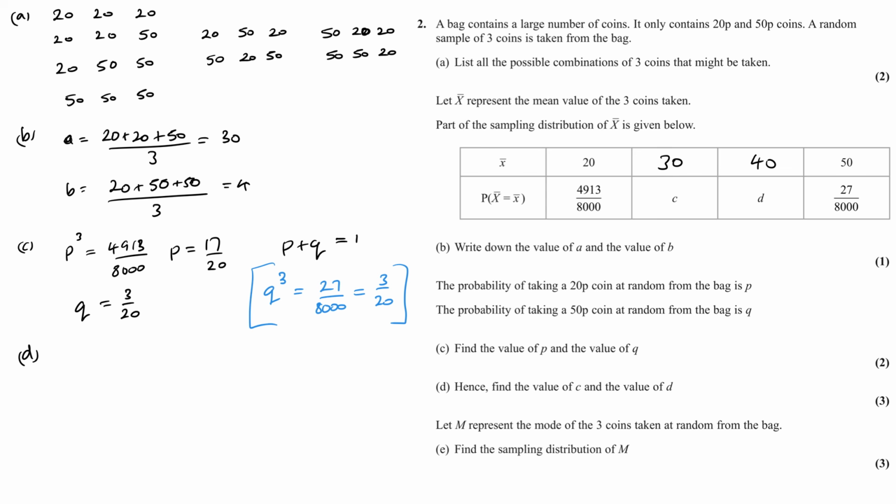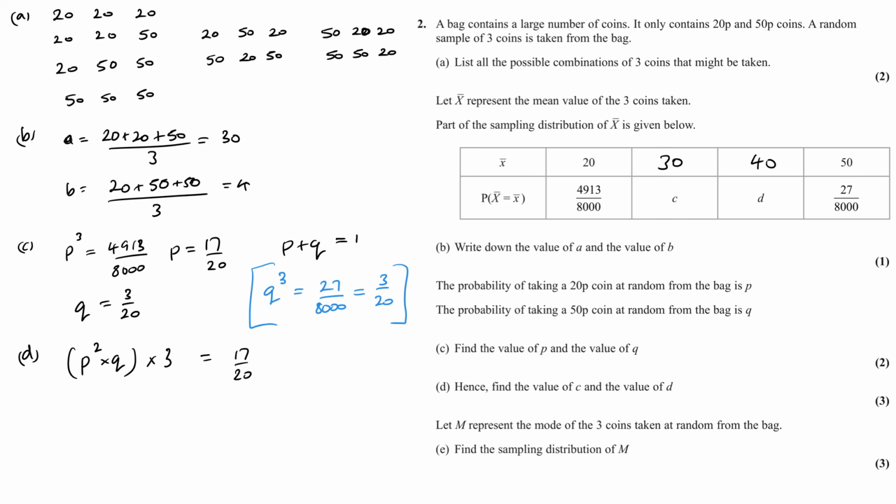Right, hence find the value of C and D. So finding C is this section, the 20, 20, 50. So it would be P squared times Q, and that times 3. That's what we're looking at.